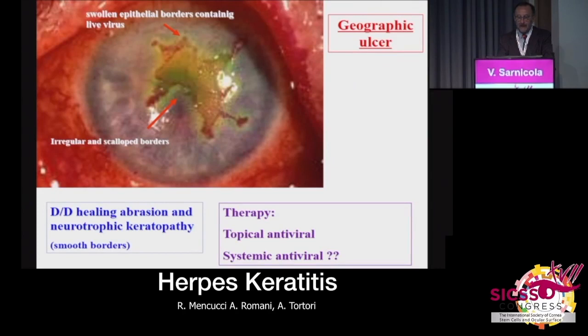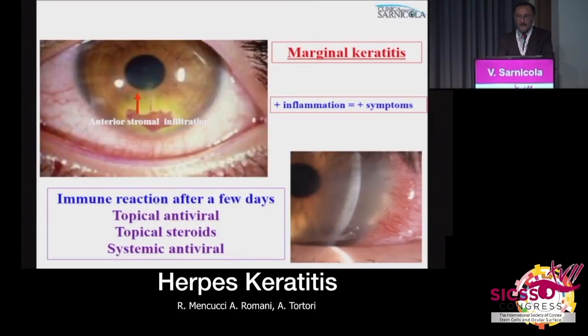But let's now move on to other forms of lesions, such as the geographic map ulcer. Here you may see that nothing changes significantly, but in limbal lesions, we must have a different approach.